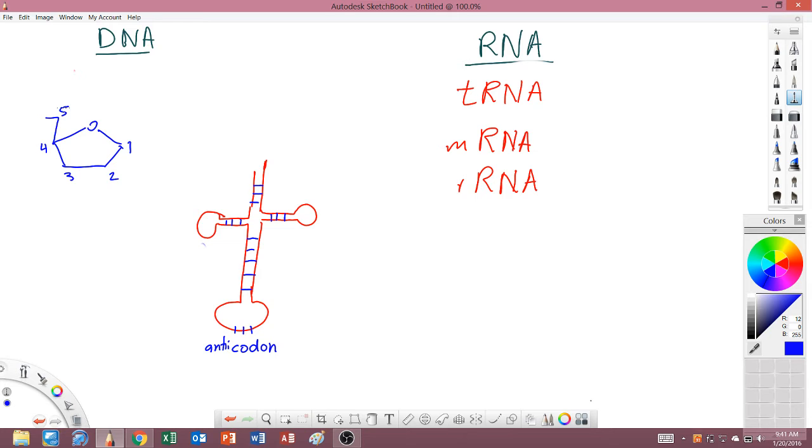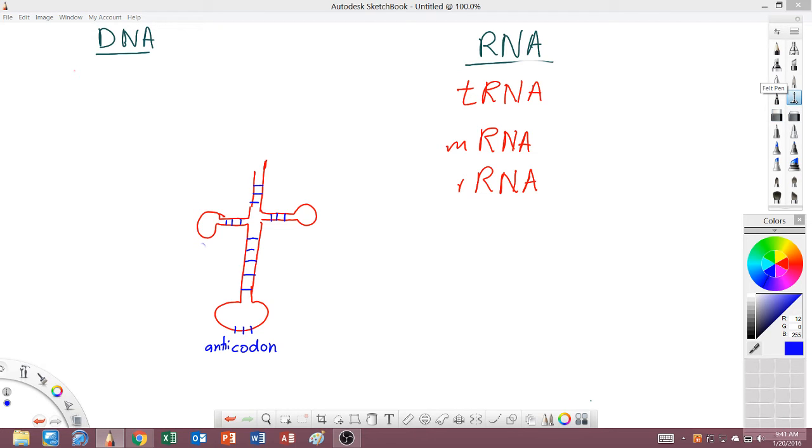The sugar and phosphate is the backbone, and the sugar and phosphate only attaches 5 to 3, 5 to 3, 5 to 3. For now, just memorize. Let me finish this and I'll show you soon, because I don't want to confuse you.